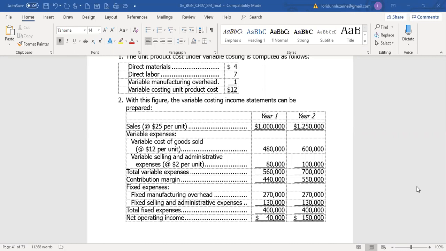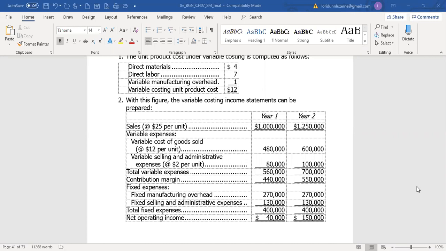Also, we want to subtract the portion of selling and administrative that is variable, because you collect all the variable costs first and subtract those. $2 per unit times the number of units sold, 40,000. Where do I get the $2? Again, it was given to us on the bottom of page 321.